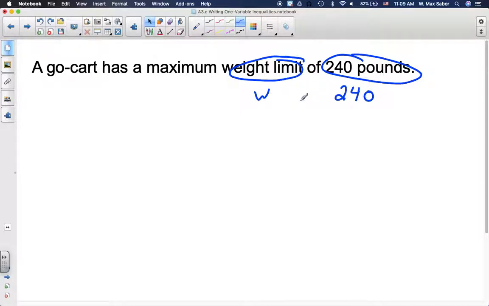Somewhere between those needs to be an inequality sign. Which one needs to be bigger? Is the weight going to be bigger, or is 240 pounds going to be bigger? Your weight needs to be at most 240. Can you have exactly 240 pounds? Yes. So that's why we'll say less than or equal to.